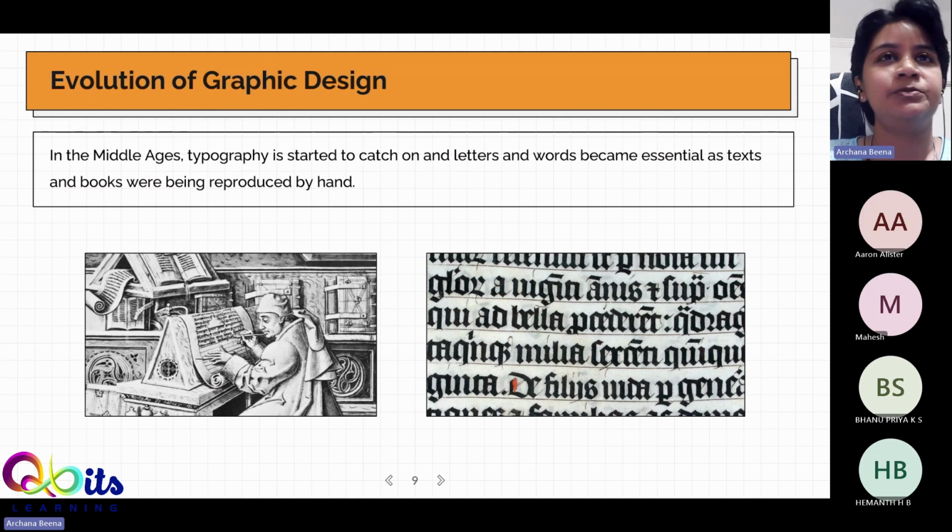So that is where they came about with typography, words, and text. And the first form of typography was handwritten. So it is ink on paper and it is reproduced by hand. So you can see how these kind of brush strokes or brush type fonts were first formed because they were all handwritten.